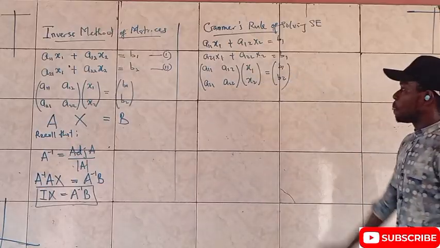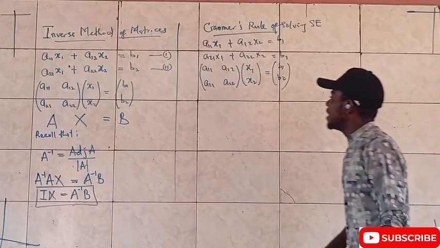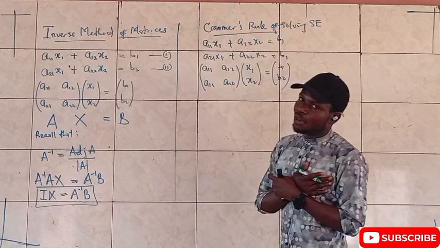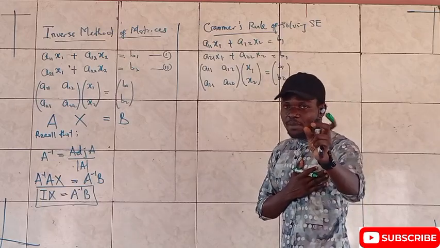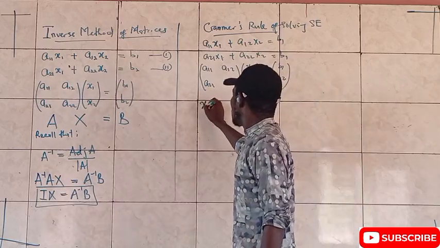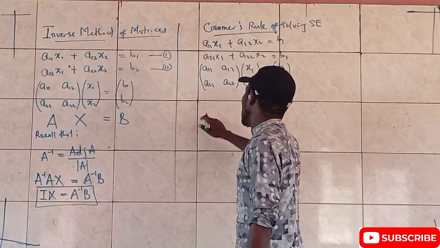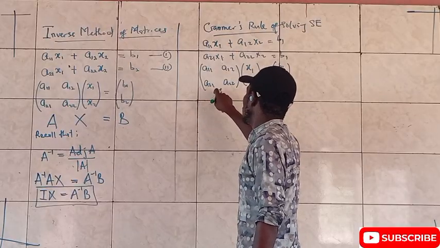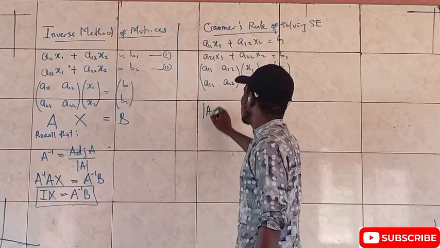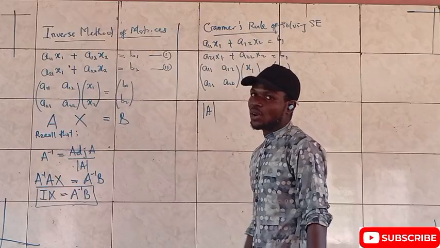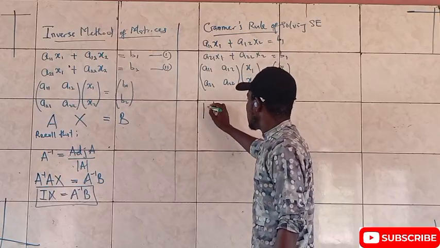Do you understand what I'm trying to do? This is the system of equations. Then, what we are doing with Cramer's rule, the concept behind it is that this x1 is simply equal to my what? The first thing I'm going to do is find the main determinant. I call it the main determinant, and we denote it with a triangle.